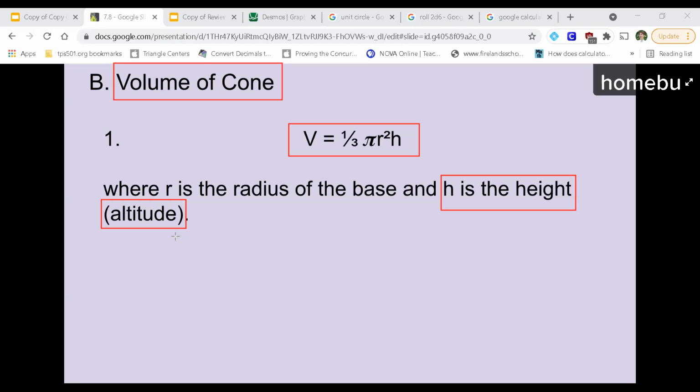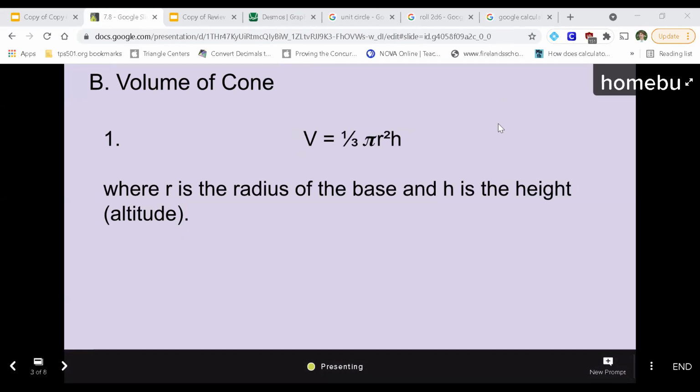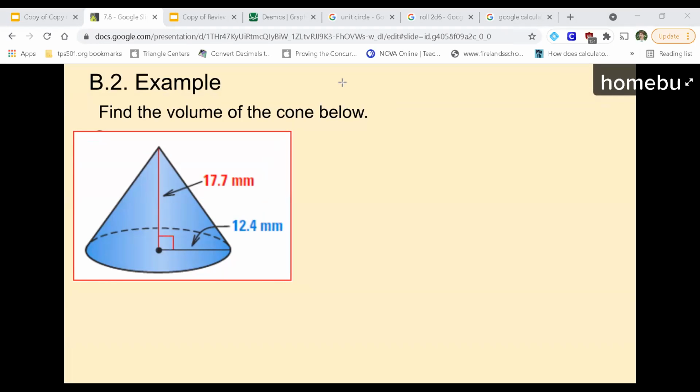Okay, does anybody need more time to write? Okay, let's do an example. So for example, let's find the volume of this cone. First, draw this picture into your notes.